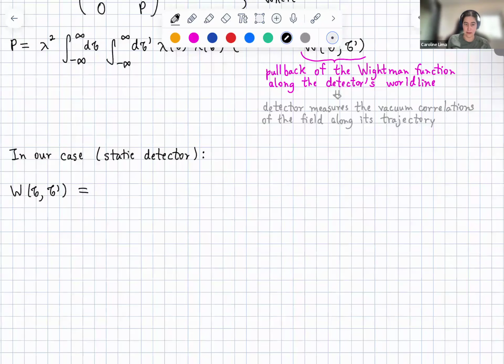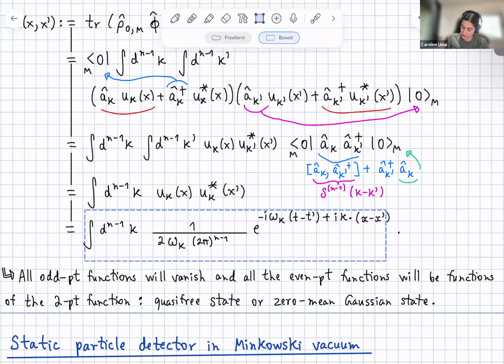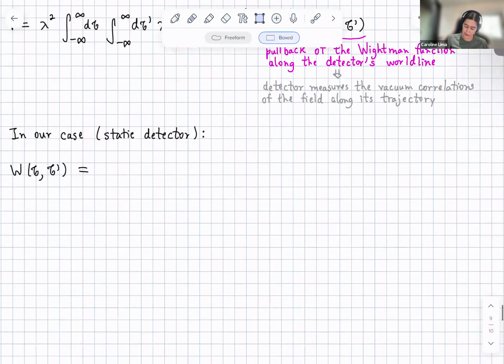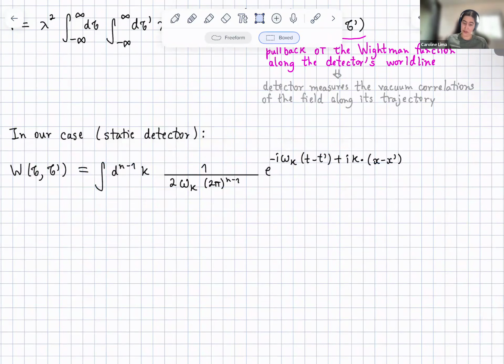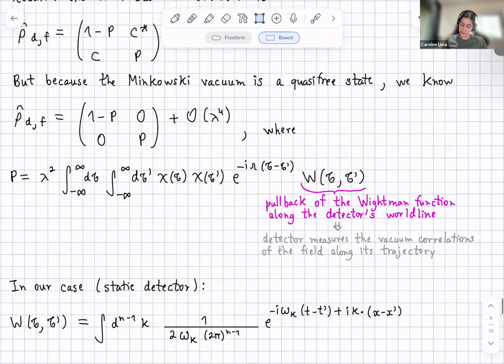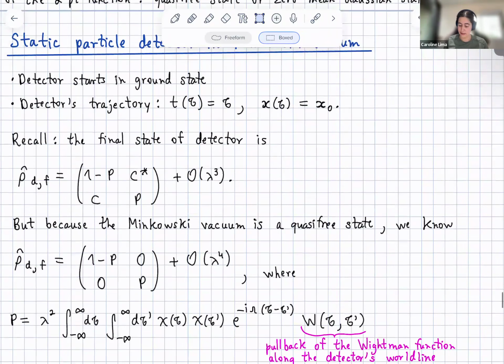If we look back at what we had for the Wightman function in terms of t and x, I now need to plug in the trajectory of the detector.